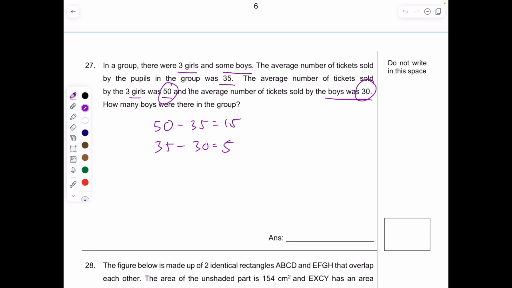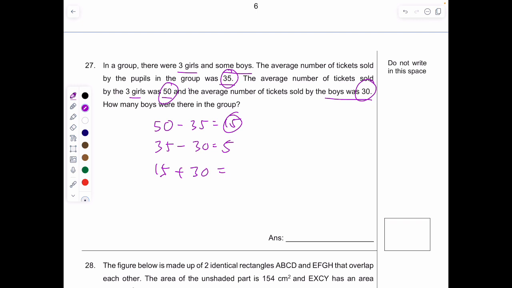In that sense, because the average number was actually 35, but the boys only sold 30. Okay, so this 35 number was made possible because of the girls. And then the next step would be to add the 15 to the 30 of the boys.